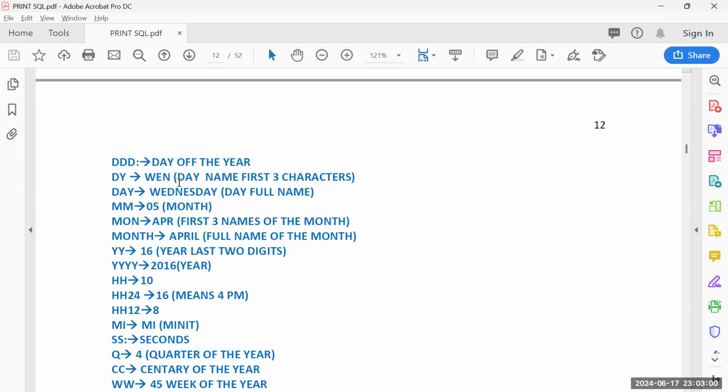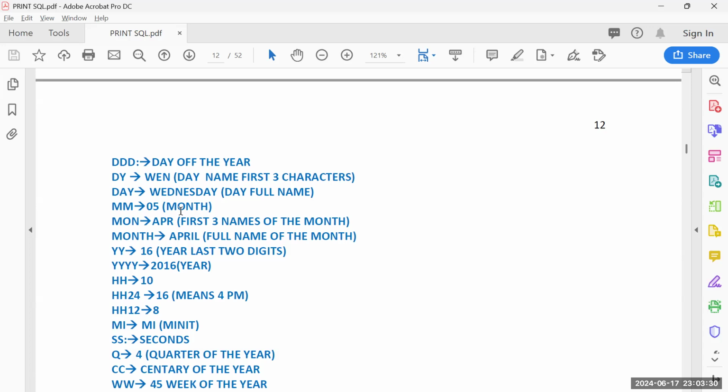For months, MM gives 01 to 12 based on that month. MON is the short form of the month name: APR, JAN, FEB, like that. If we give MONTH, it gives the complete full name of the month.